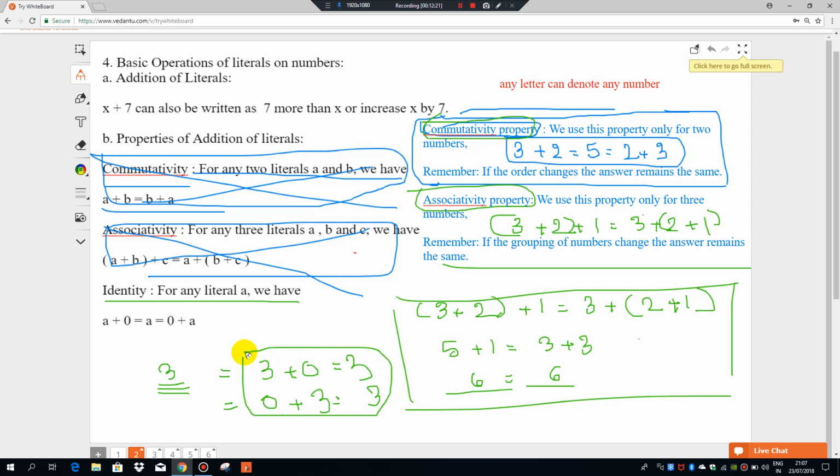If the order of a particular number and the 0 changes, the answer won't change. Think of any number, like 300, 1000, crore, million, billion, any number, but the answer won't change.